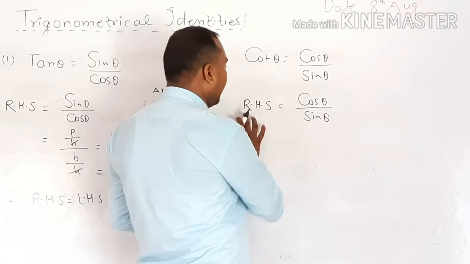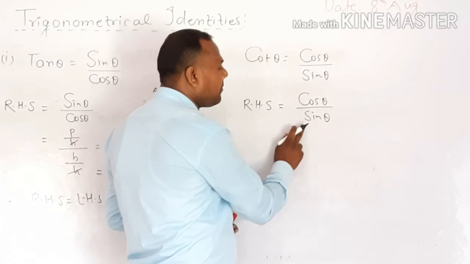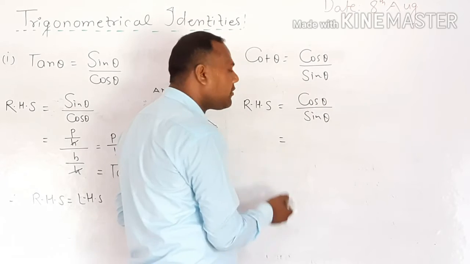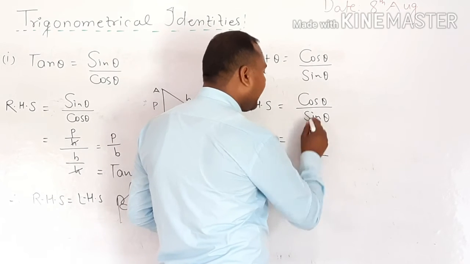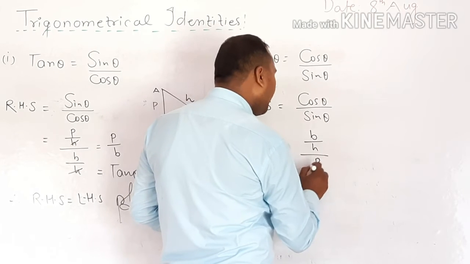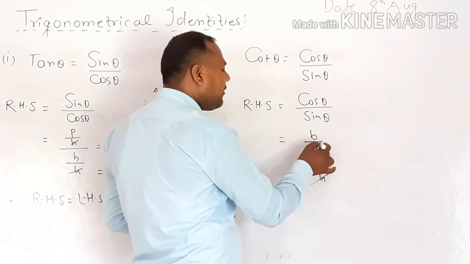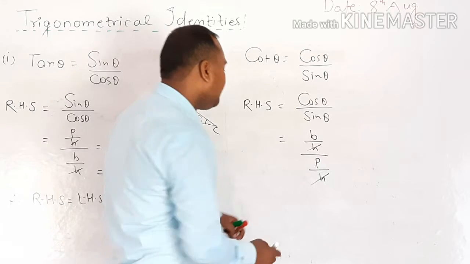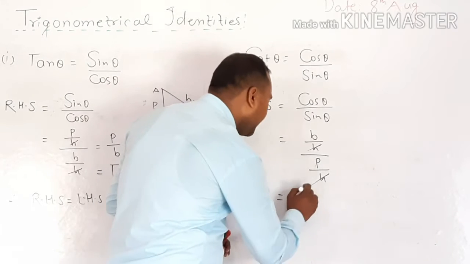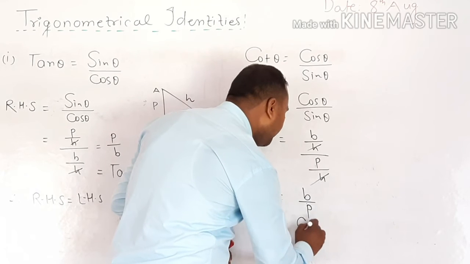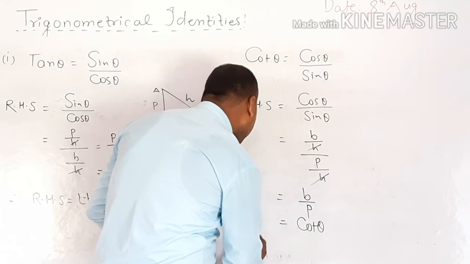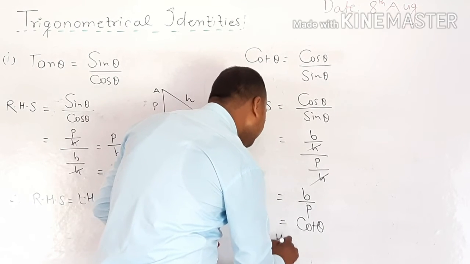So RHS will be equal to cos theta upon sin theta. We already know that cos theta means B upon H and sin theta means P upon H. H cancels out with H, that means B upon P. B upon P means cot of theta. Hence, RHS equal to LHS.